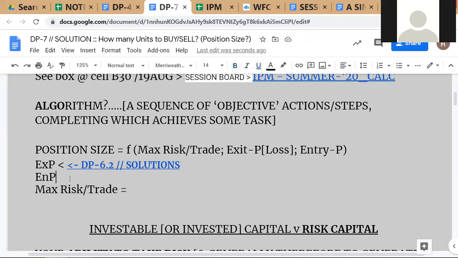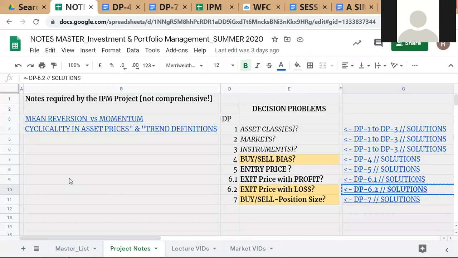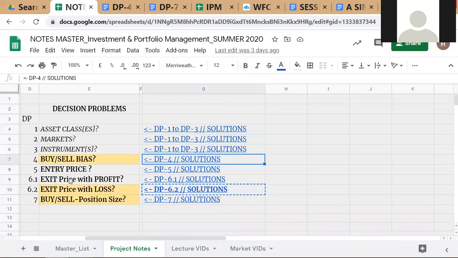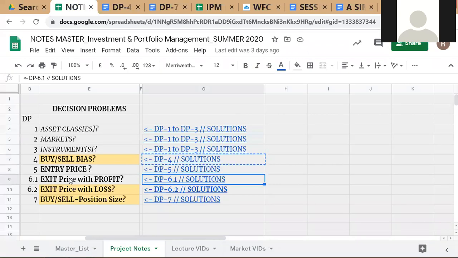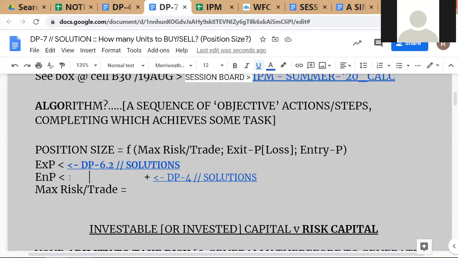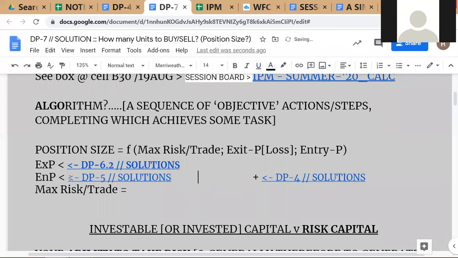Then entry price is decided by two things. It's decided by the buy-sell bias, which comes later, and it is also decided by the rules of DP5. At this point we have assumed that all entries are going to be at market prices, so there is an automatic solution to DP5.